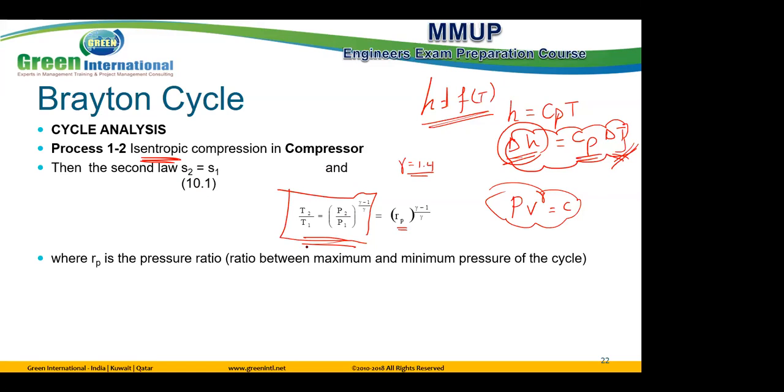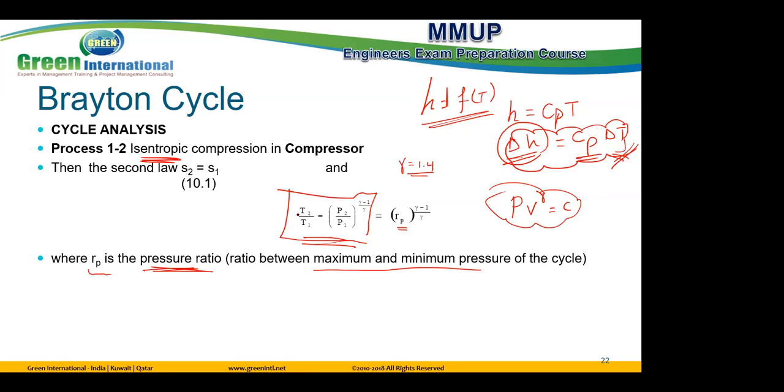What is Rp? The pressure ratio. It's the ratio between the maximum and the minimum pressure. The maximum, P2, is in the combustion chamber, and P1 is the other one, for the rejection. Maximum to minimum pressure, this is Rp, the pressure ratio.